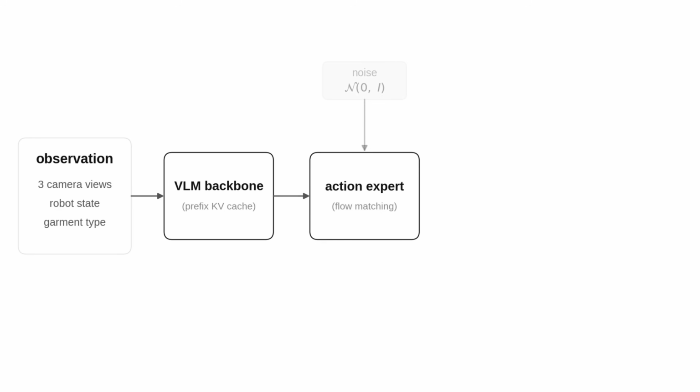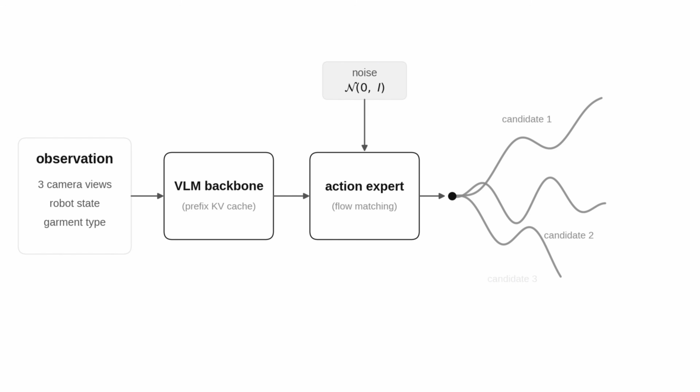But then when we start using the action expert, it actually becomes stochastic because on top of these keys and values from the VLM part, we add some random noise as an input. And then we denoise this using the vector field that is predicted by the action expert. And it means that we can generate different trajectories. We can generate different action chunks depending on this random noise that we use as an input for the action expert.